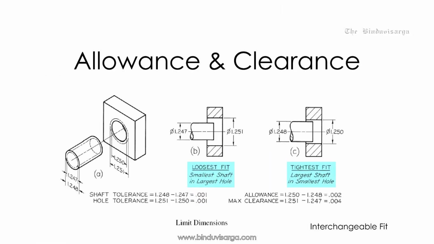Now we will talk about allowance and clearance. Here we have three different figures, A, B and C. Now we have shaft tolerance: 1.248, that's the largest shaft, minus 1.247, that's the smallest shaft.